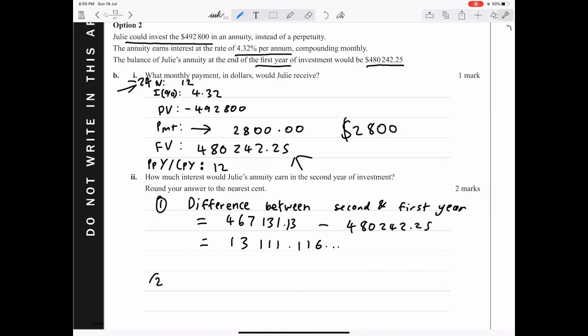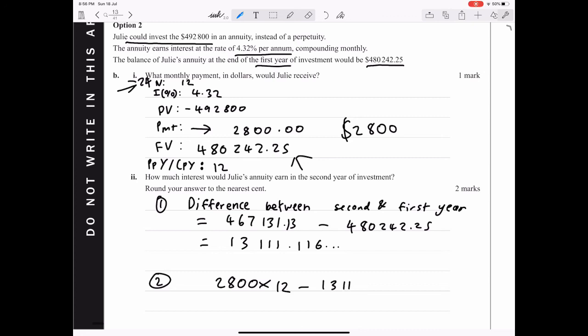And then we want to find how much interest Julie's annuity would earn in the second year. So the next step is to do the payments in that year minus the difference between the second and first year values. The amount of money Julie would have received between the second and first year would have been 2,800 times 12, minus negative 13,111.116.